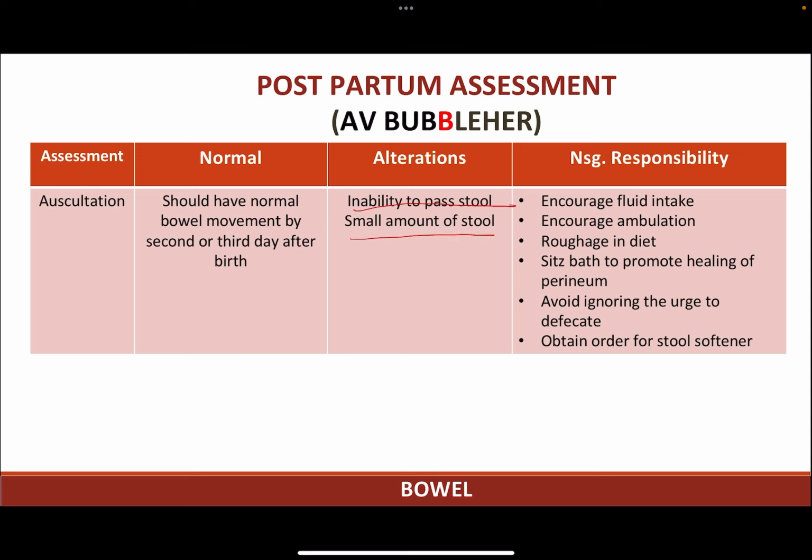So as nursing responsibility, encourage fluid intake, encourage ambulation, regulate the diet, sitz bath to promote healing of the perineum, and avoid ignoring the urge to defecate. So always, if the patient is having the urge to defecate, tell them that they may go to the CR. Then obtain an order for stool softener.